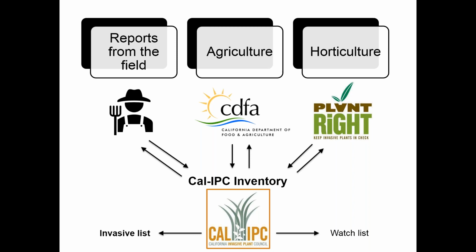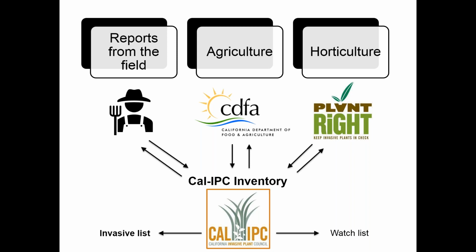The vehicle in the horticultural community that is paying focused attention to them is Plant Right. Plant Right is an organization that is now overseen by the California Plant Alliance.